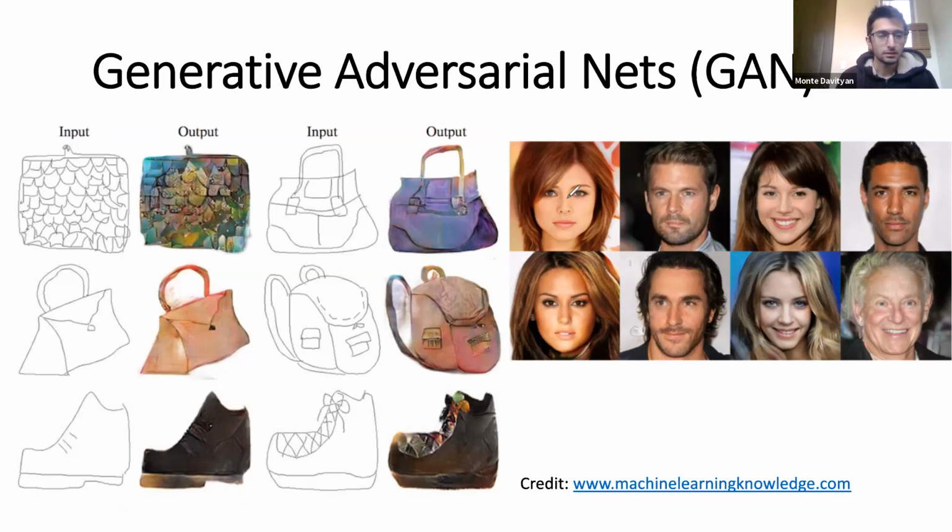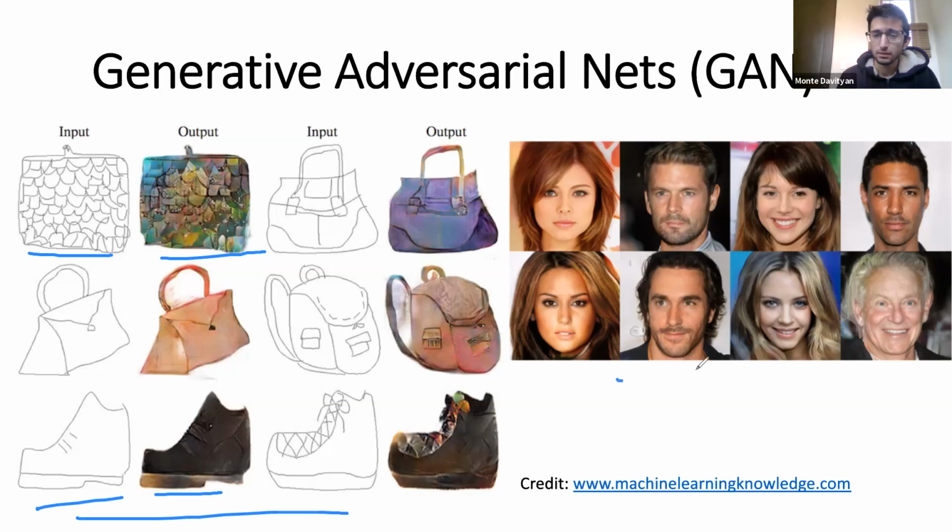But let's look at this image right here. The input of the image is some hand-drawn bag or fashion bag or shoe. And the output, what the GAN generates, is a realistic looking shoe or realistic looking bag from our initial bad drawing. So this is cool, right?